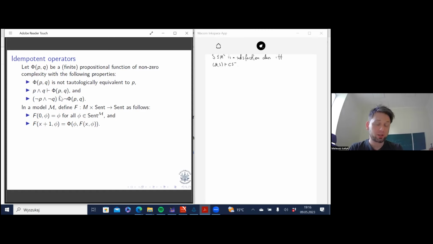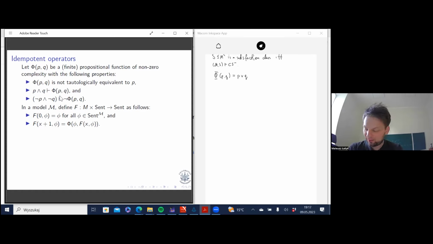Let me give you an illustration of how it looks. For example, phi of P Q can be equal to P or Q, and this is a canonical example.